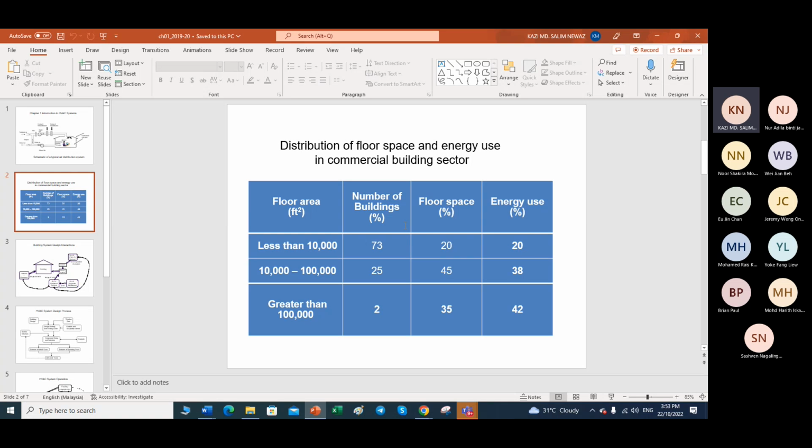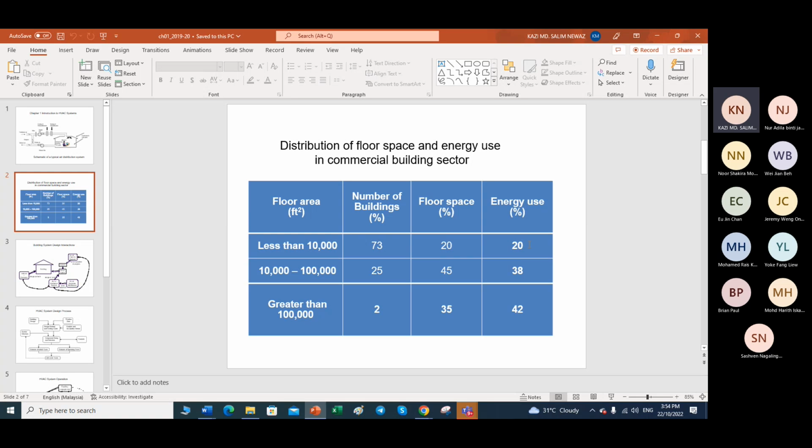So these buildings in the region, commercial buildings with one space, need air conditioning, and we find it is around 20% of the energy use.